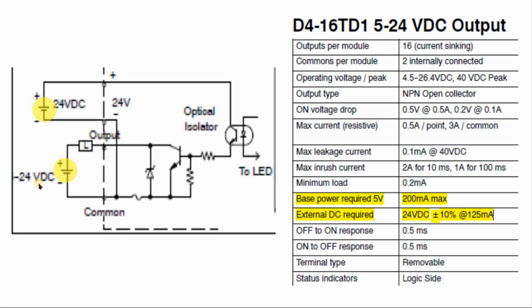So that means my 24 volts need 3 amps for half of my card. So I can consume up to 6 amps on my system. That's per one card. So this is the maximum you can consume or your load can withdraw from your card.